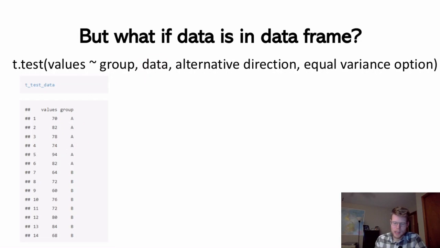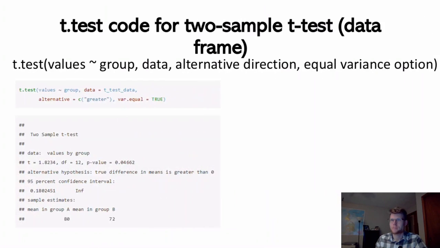Then name your data set. In this case, if we called it t-test data, which is apparently what it's called here, then that is what you'd plug in for that next argument. And then again, your alternative direction and equal variance option would be the same there.